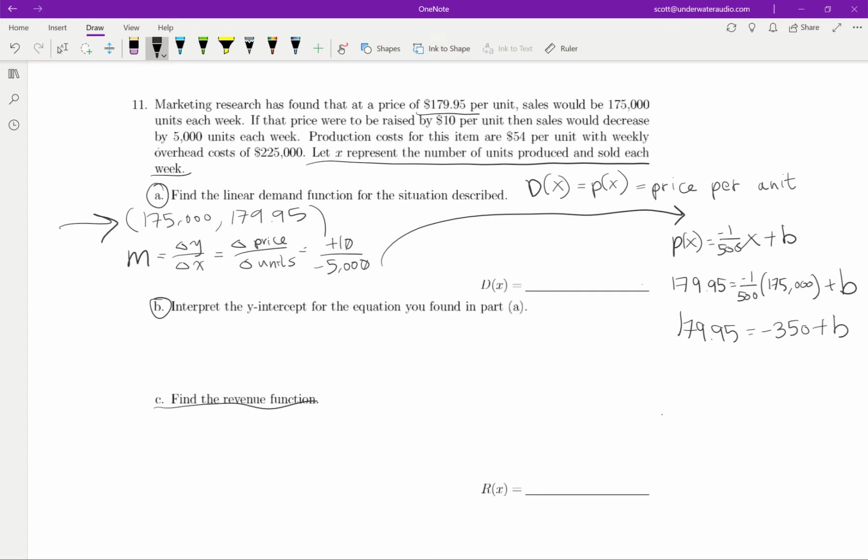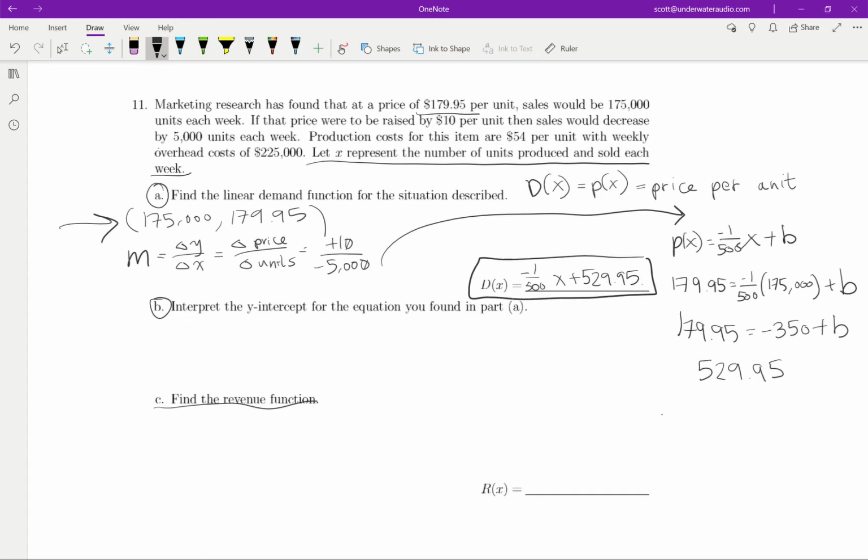So I'd add 350 to the other side. Let's see, what do I get? 529.95. Okay, so then putting that all together, my demand function is -1 over 500, and then x plus $529.95.